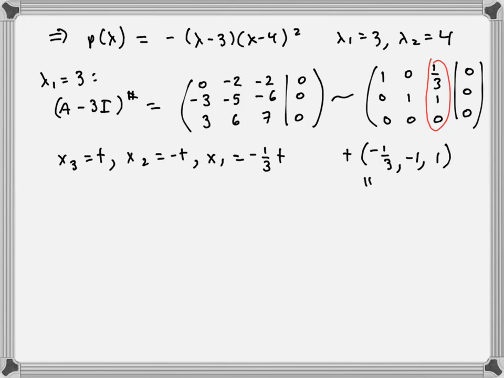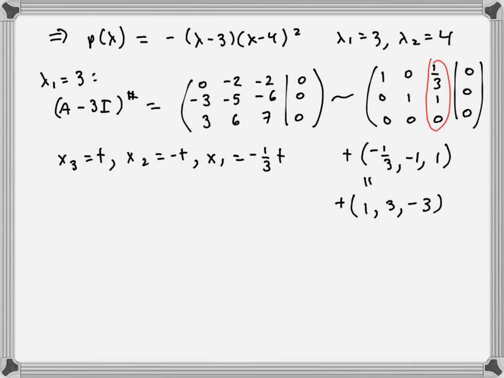Now, what I'm going to do is actually multiply this whole thing by negative 3, and I get 1, 3, negative 3. Why am I allowed to do that? Because remember, any scalar multiple is fine, so I just got rid of the fractions, okay?